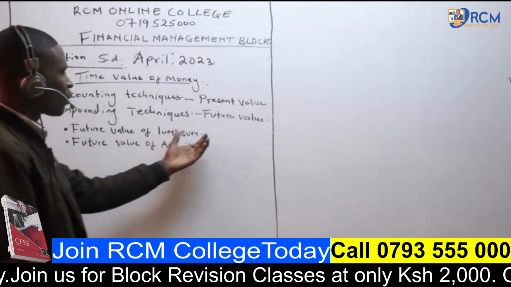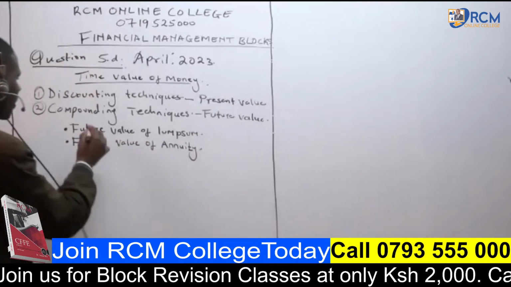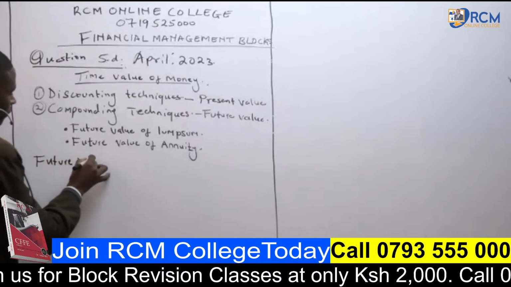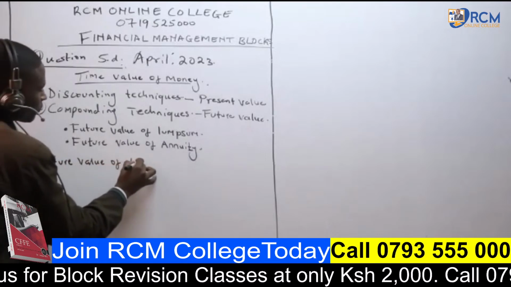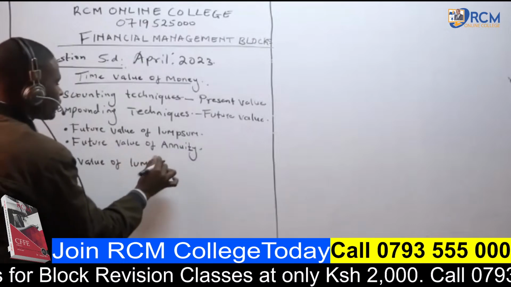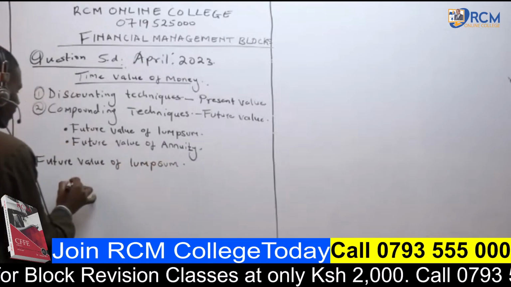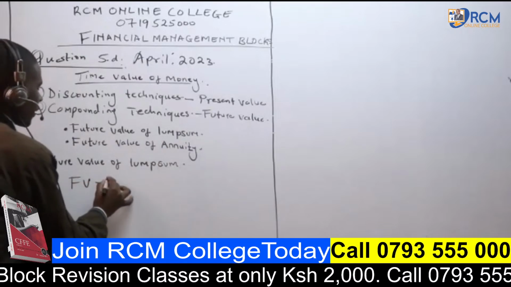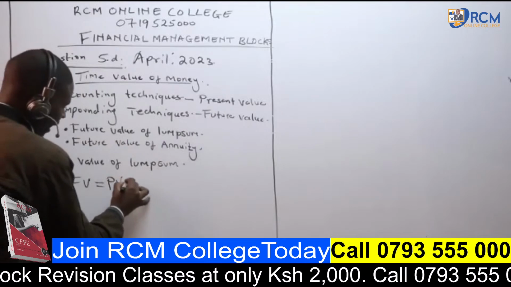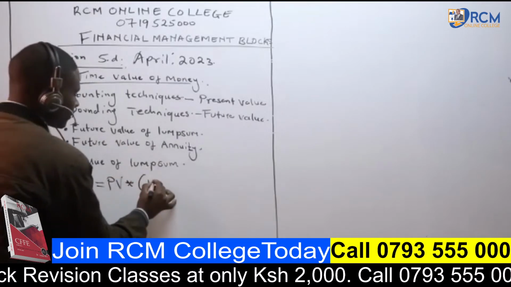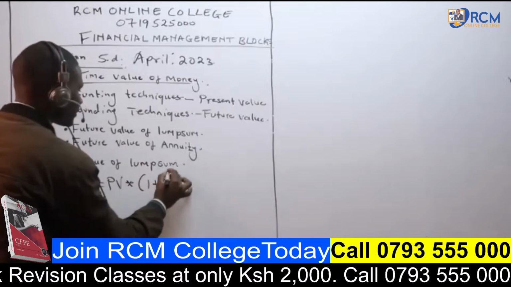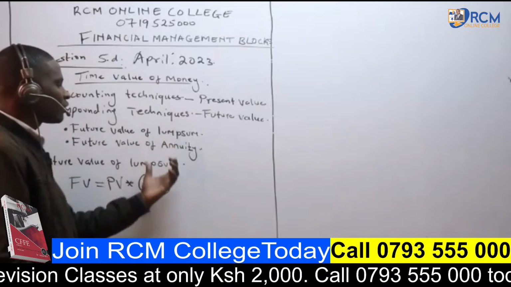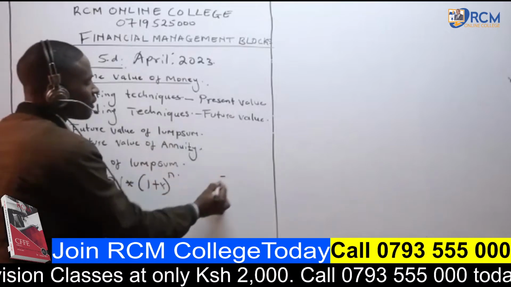Therefore, this is what we are going to look at. When we are talking about the future value of lump sum, if we want to get it, we use the following formula: the present value multiplied by the compounding factor, 1 plus r raised to n. And remember, if you are talking of compounding, there's nowhere that we put the sign of negative.